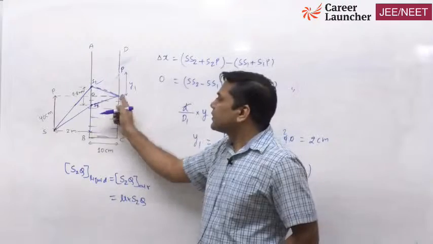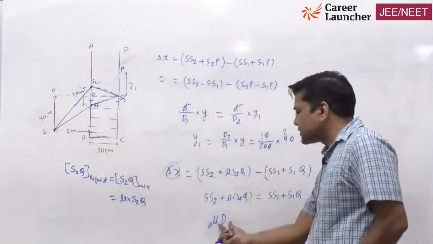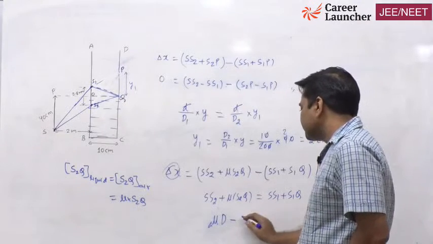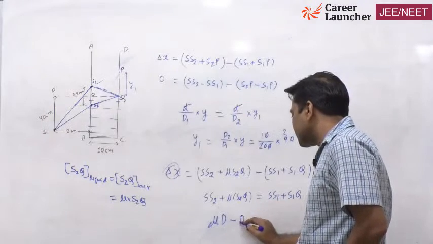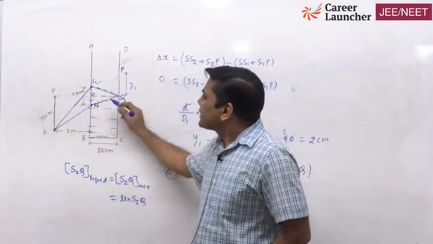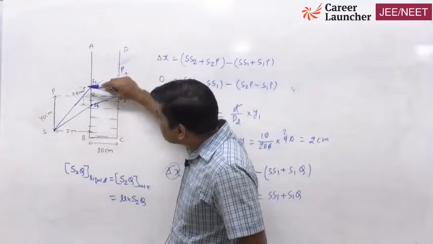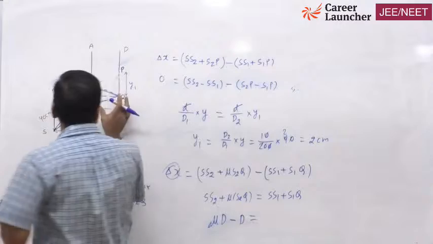You can calculate this one, this is D which I have written, and this D is 10 centimeter, minus SS1, S1Q I mean, which is D. S1Q is D. So you can have a look that this distance of 10 centimeter compared to this 0.4 millimeter, this length is considered to be D only.